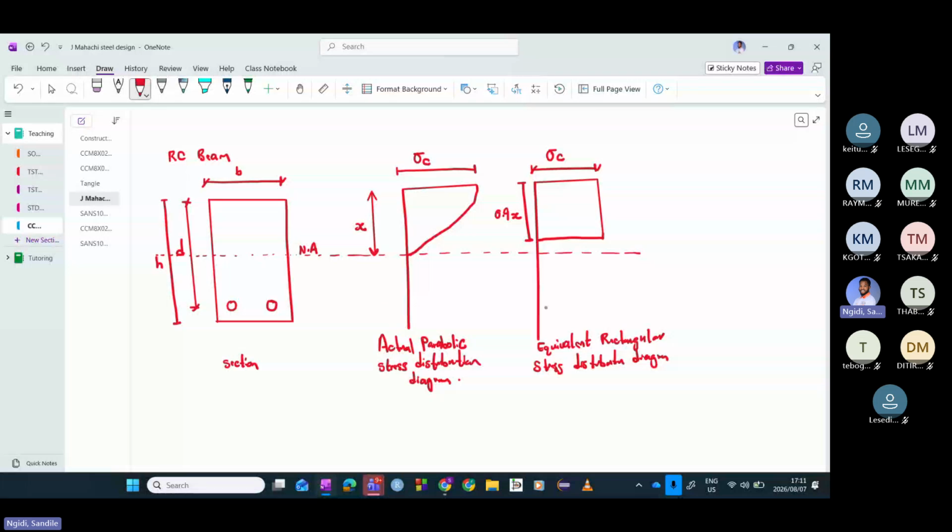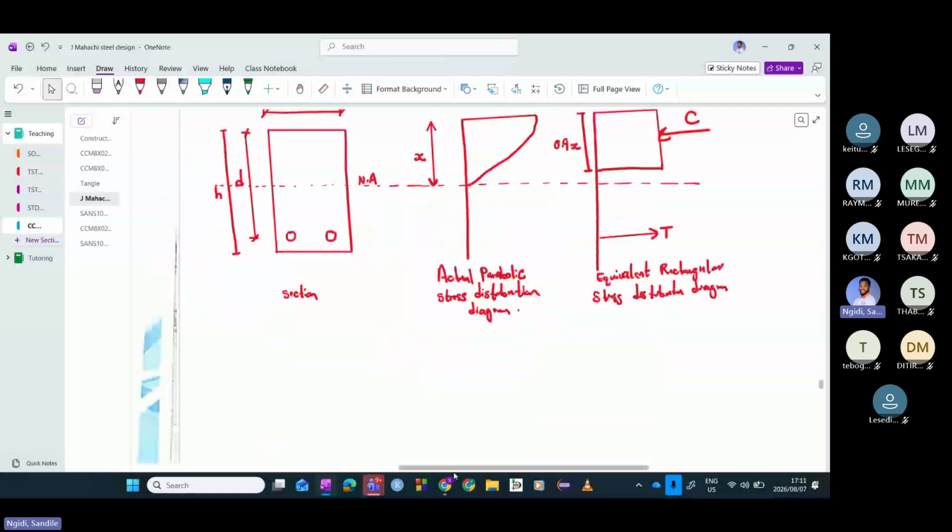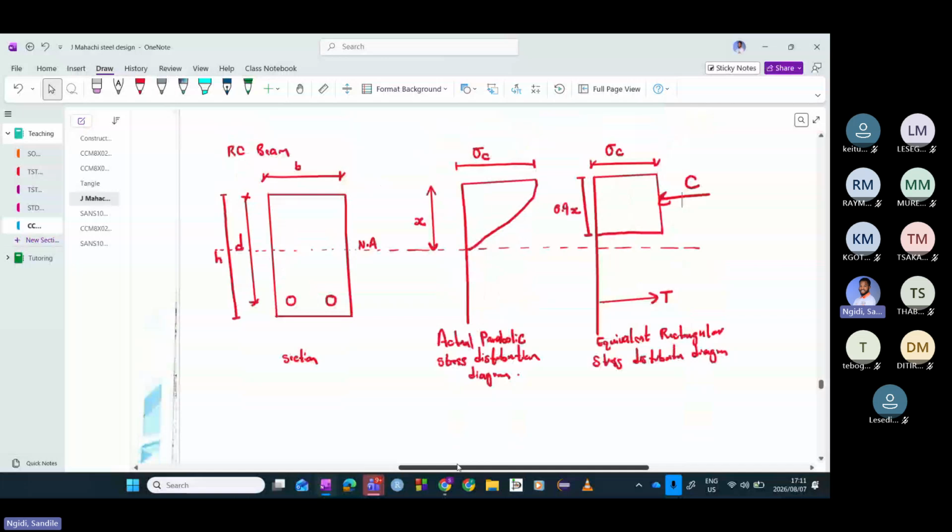There's a tensile force here that we can call T, and then due to this concrete, there's a compression force here that we can call C. We also know that there is equilibrium of these forces, which means the forces that are towards the right must be the same as the forces that are towards the left.